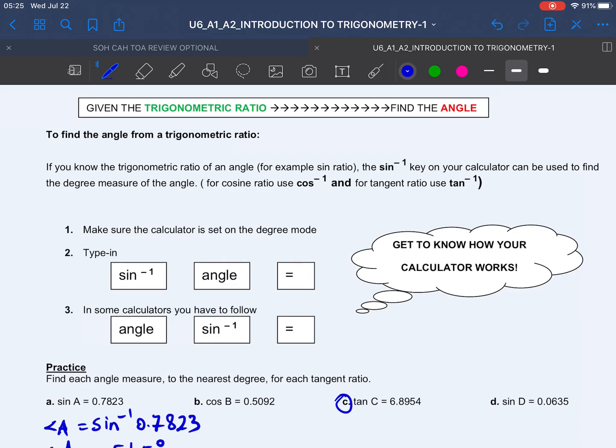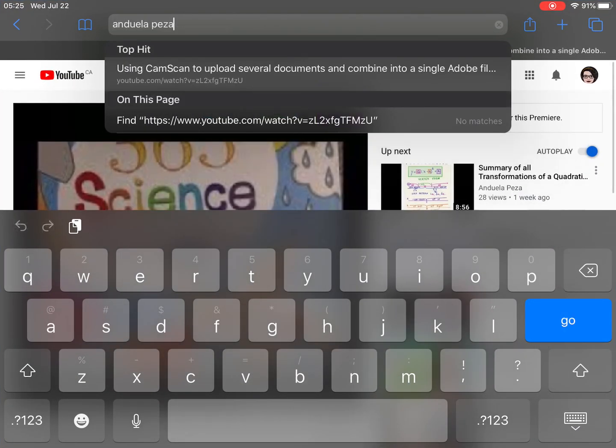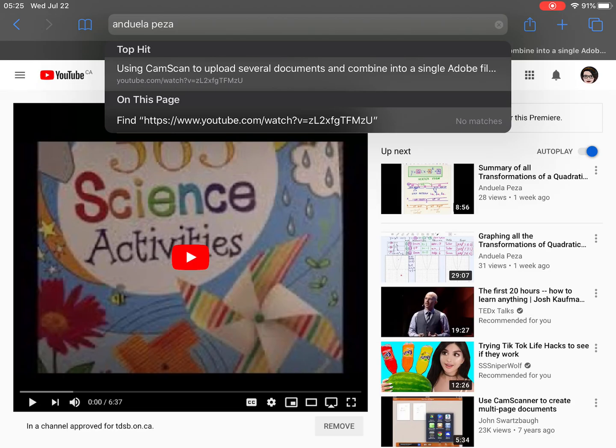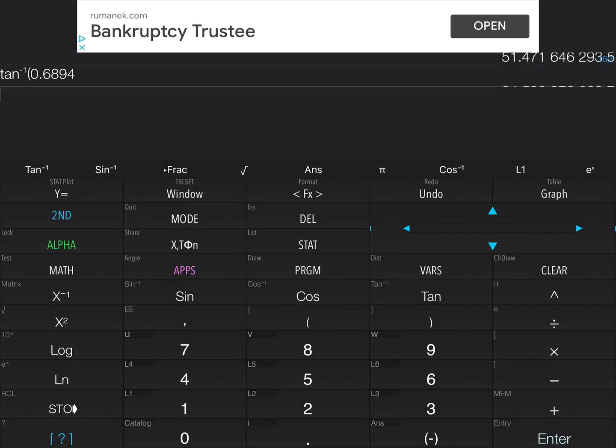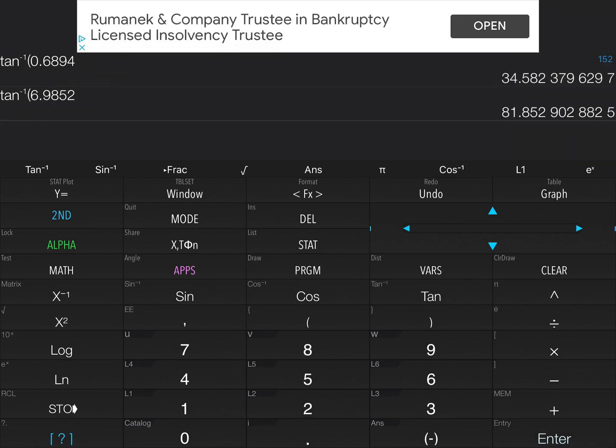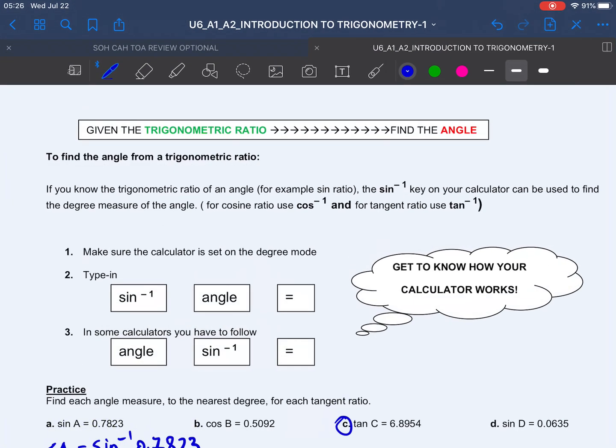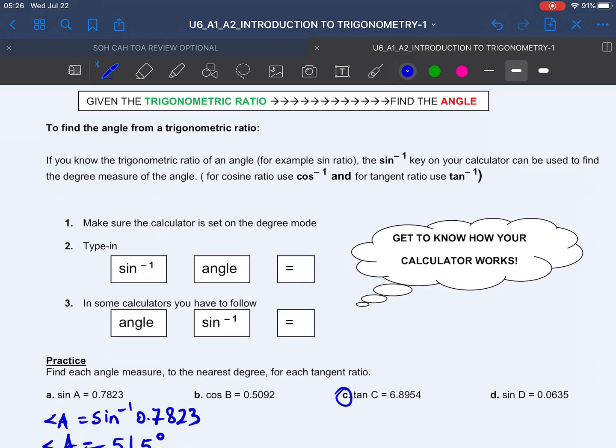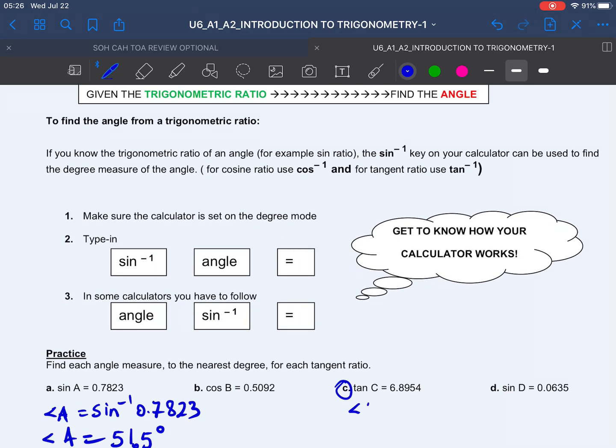Oh, let me double check. Second tan, 6.8954 actually. That's 81.85. So angle C equals inverse tan 6.8954, and that's 89.5 degrees.